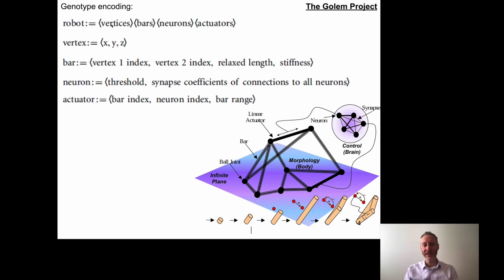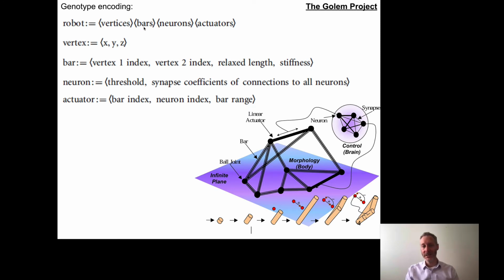The first list is a list of triples, XYZ triples, which represent the vertices that make up the robot. So this one has 1, 2, 3, 4, 5, 6, 7, 8 vertices. So this vertices list would have a length of 8, and each element in that list would have the X, Y, and Z coordinates of that vertex. Pretty straightforward.